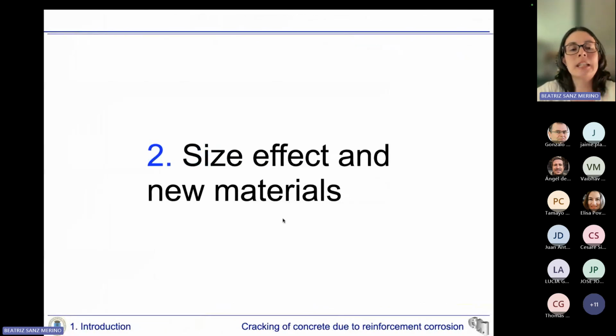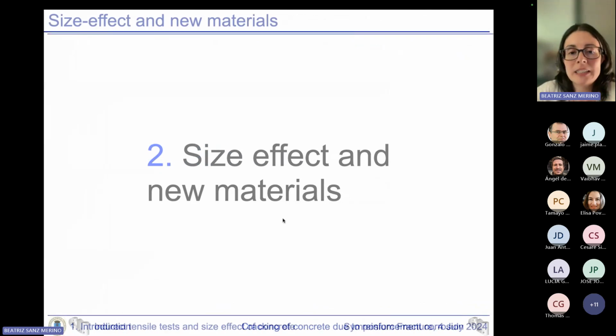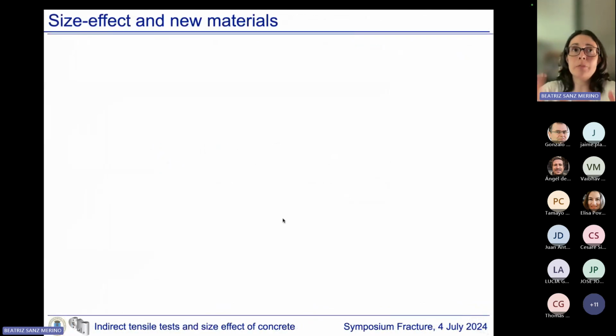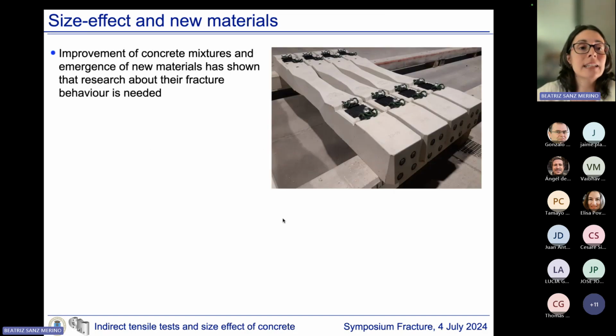So now let's move to the next point, size effect and new materials, because the previous results I commented on were obtained for ordinary concrete. However, in the last decades, there has been a great improvement of concrete mixtures, and the emergence of new materials has shown that research about the fracture behavior is necessary.